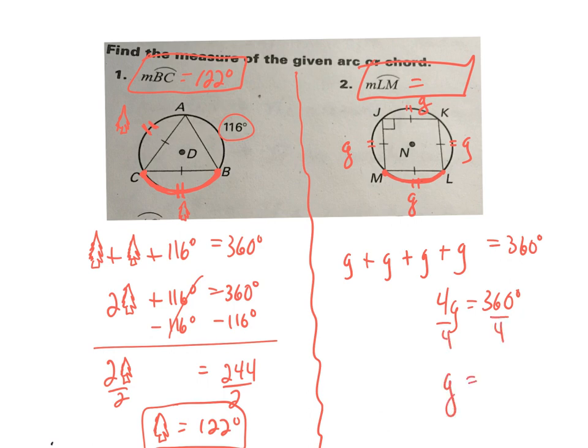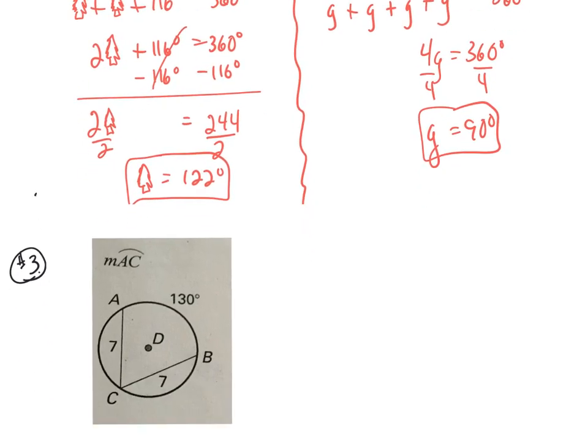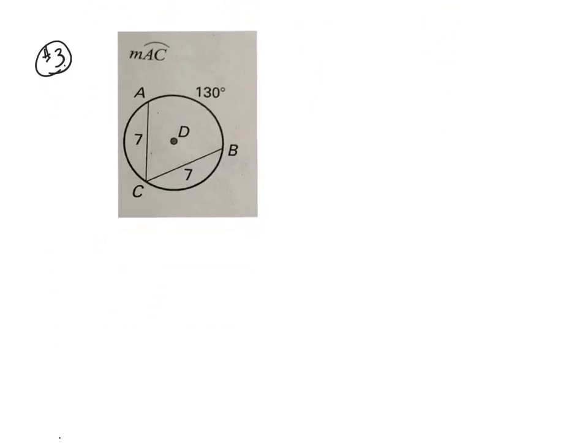So G is going to be equal to 90. And since LM is represented by little g, LM is also 90 degrees. Probably not a big surprise once you see the answer that each of those individual arcs had to be 90 degrees. Again, feel free to pause the video if you're putting any of these examples into your notebook so that you have them available for your test.